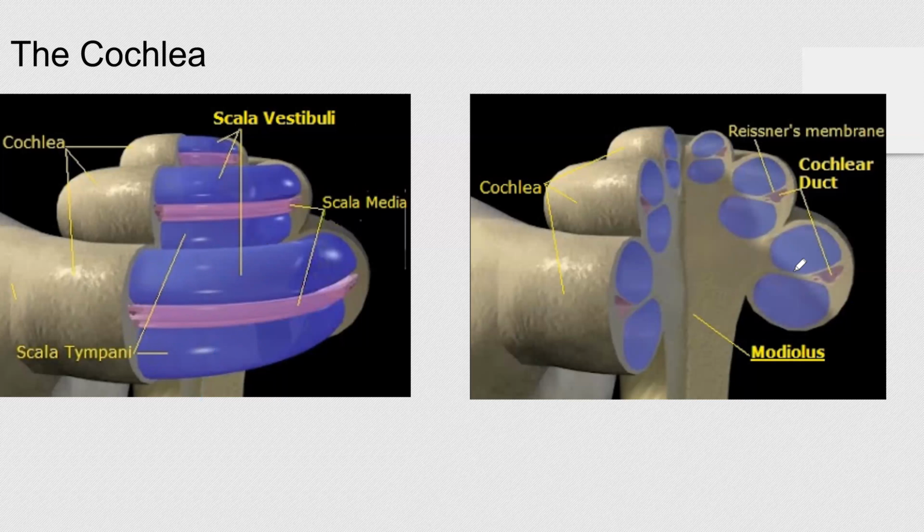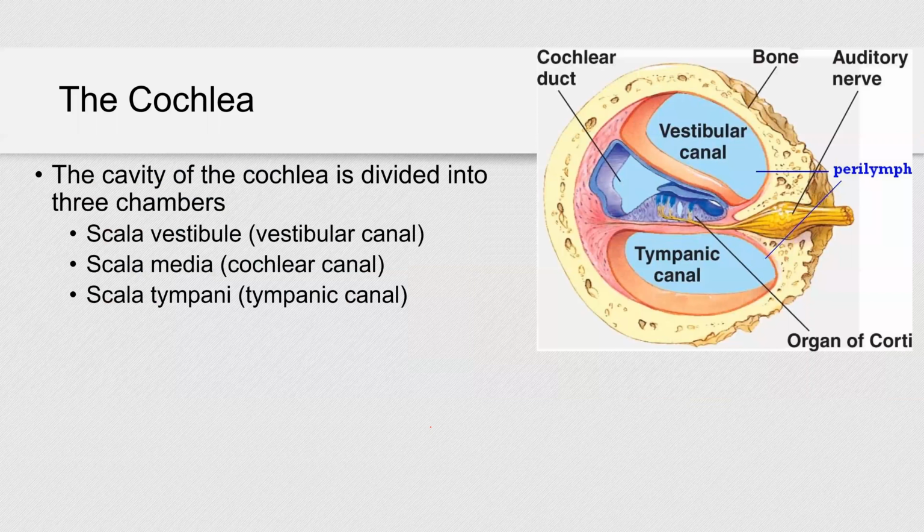Here you see a coronal section, I would say. Here's our scala tympani, scala vestibuli, and cochlear duct. You can use scala to sound more professional, right? So scala vestibuli, scala tympani, or you can just use vestibular canal and tympanic canal.